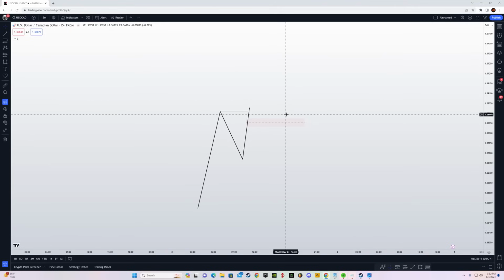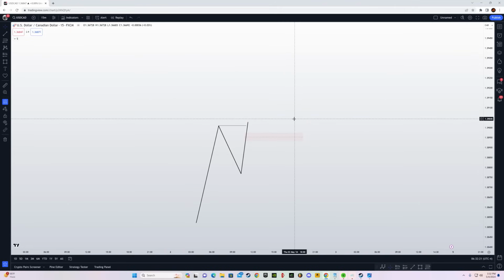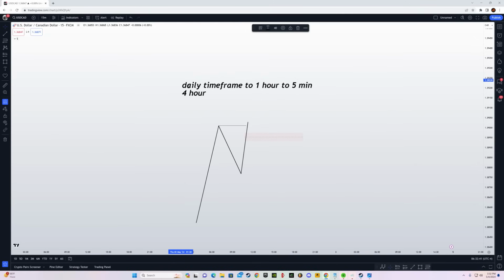Before I move to the strategy, I want to talk about time frame alignment. This is very important, so make sure you keep this in mind. We always go from daily time frame to 1 hour to 5 minutes to take our entry. We always go from 4 hour time frame to 15 minute to 1 minute to take our entry.